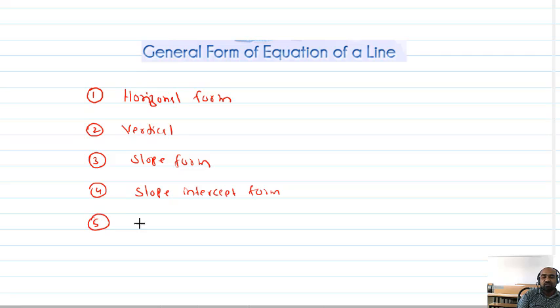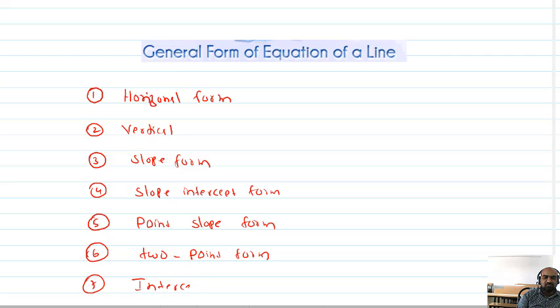Fifth one is point slope form. Sixth one is 2-point form. Seventh one is intercept form of a line. Listen, I will write one by one, students.